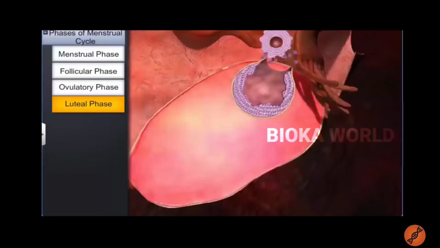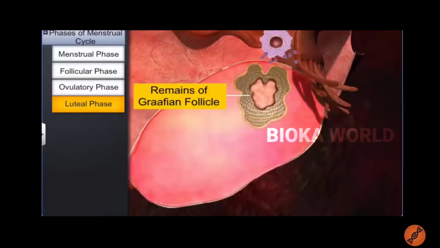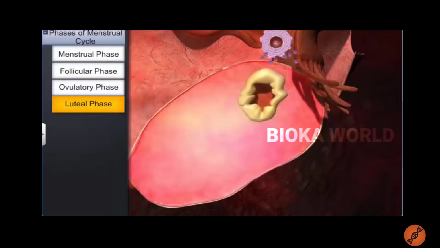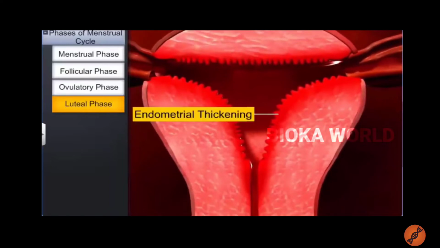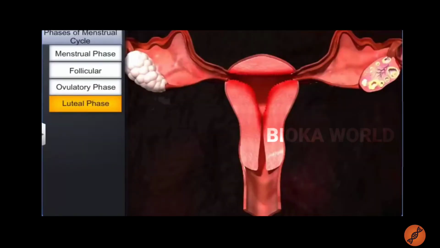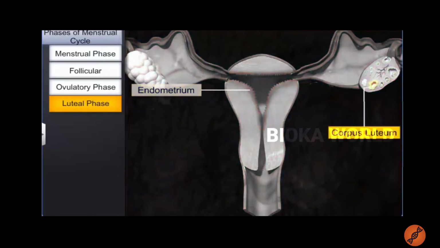This phase sees the transformation of the remaining Graafian follicle into a yellow mass called the corpus luteum. The endometrium too thickens and its blood vessels become coiled and enlarged. Interestingly, the endometrium and corpus luteum play a vital role during the early stages of conception.